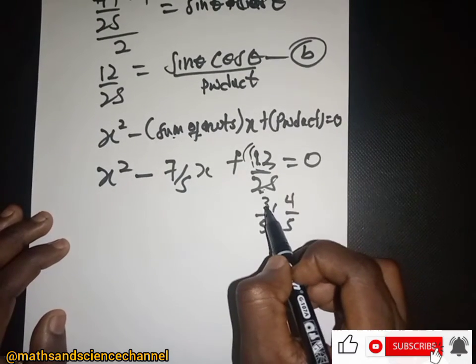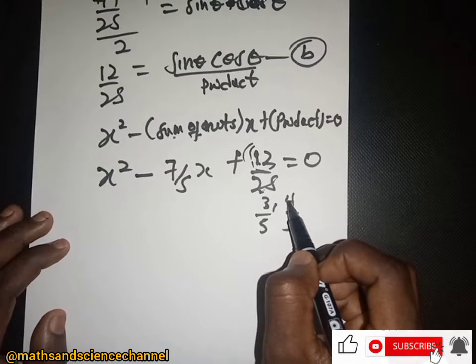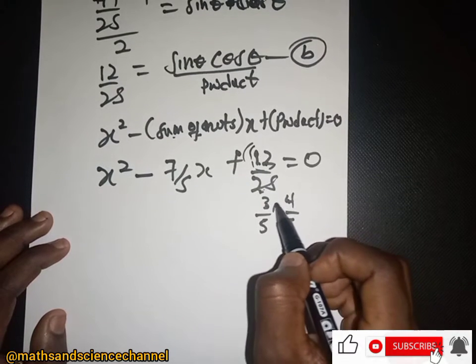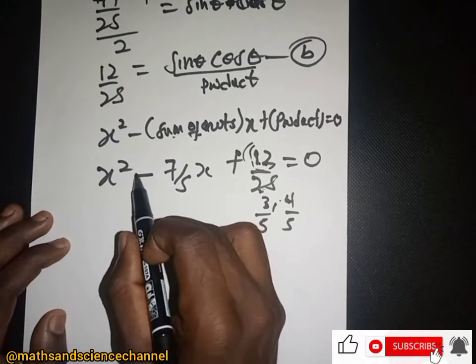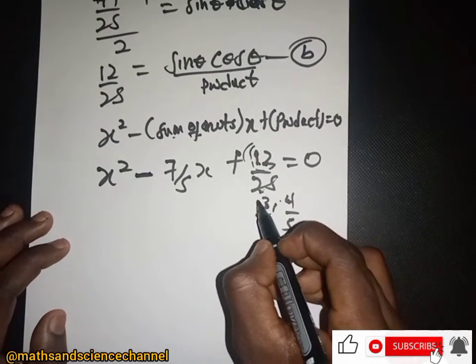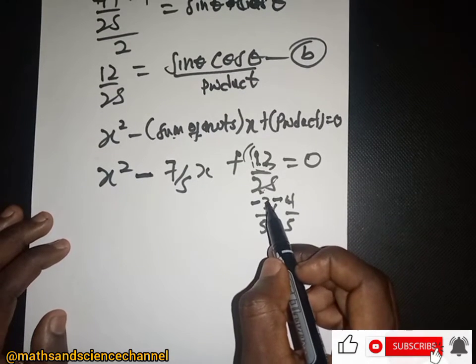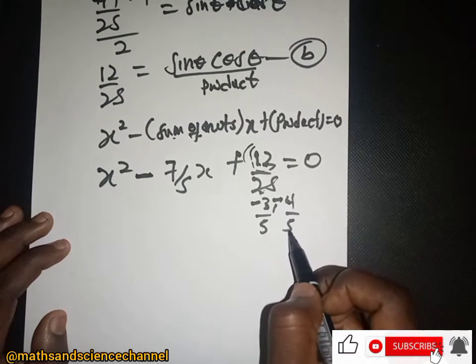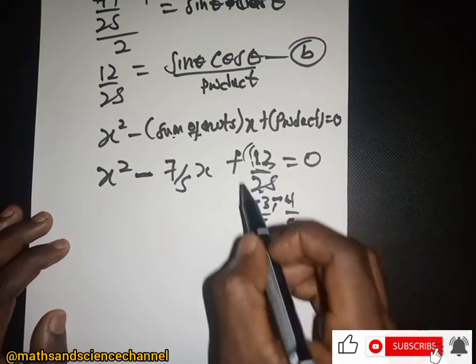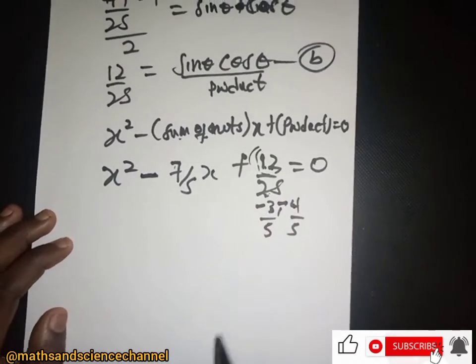Now 3 multiplied by 4 will give us 12, but 3 plus 4 will give us positive 7, and it is negative. So let's negative both sides. When we negative both sides, we have negative 3 over 5 multiplied by negative 4 over 5, which gives positive 12 over 25, and when we add them we get negative 7 over 5.